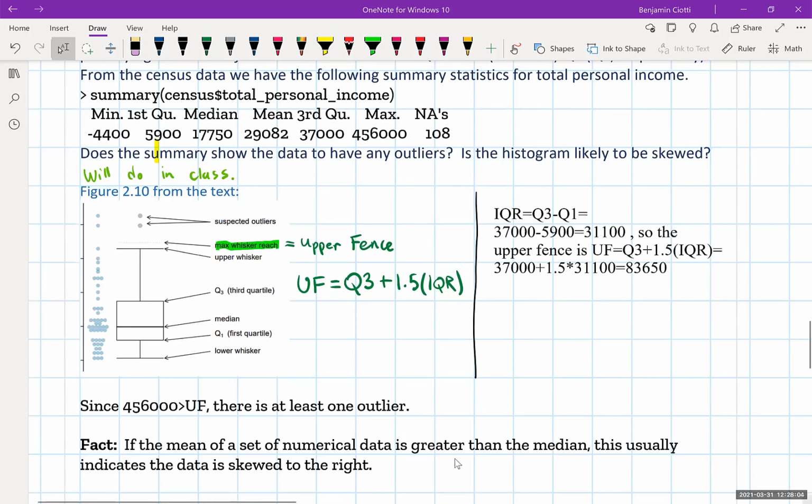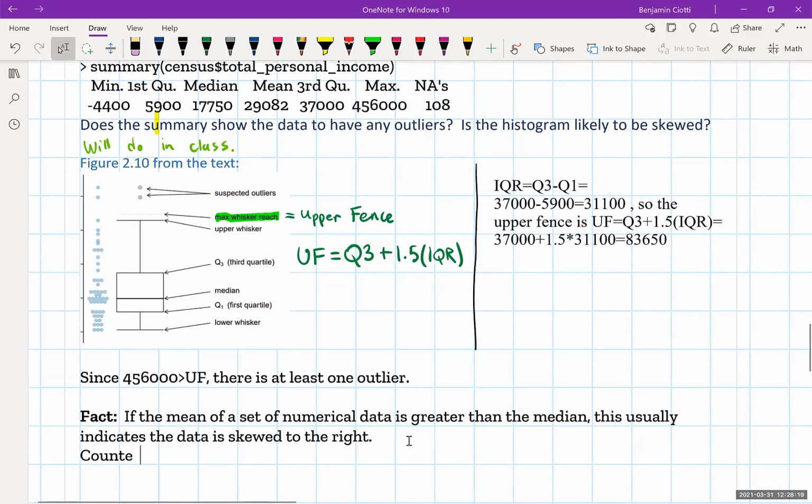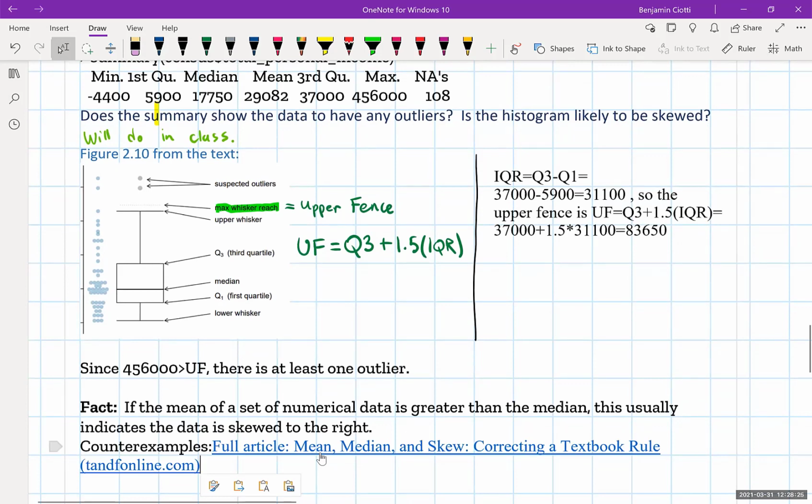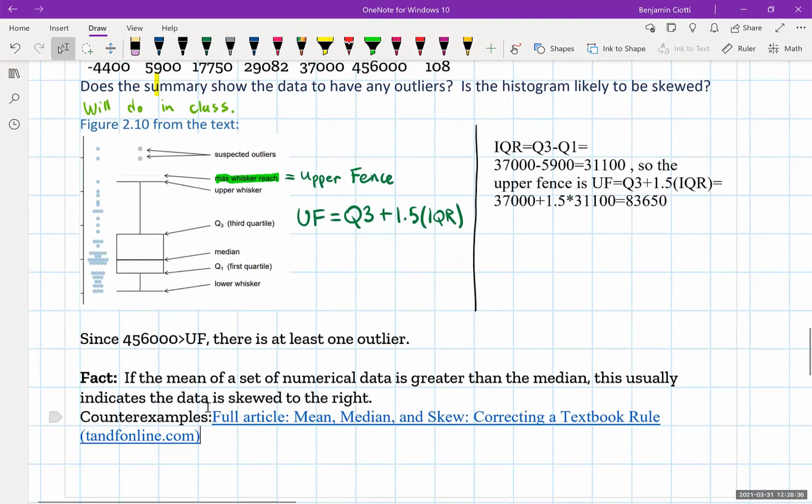In fact, if anyone's interested, I can provide a link to an article that has some counterexamples to that. I guess that doesn't show the address. I'll clean that up in post-production, but that's a PDF where you can see that there are occasionally counterexamples to this, but usually if the mean is greater, that indicates the data is skewed to the right.